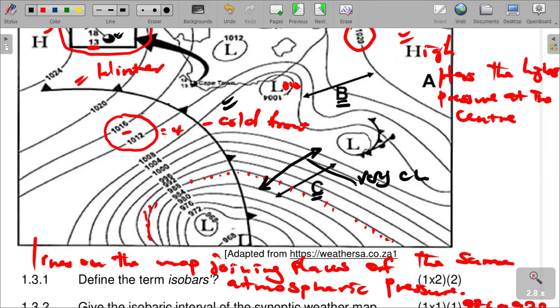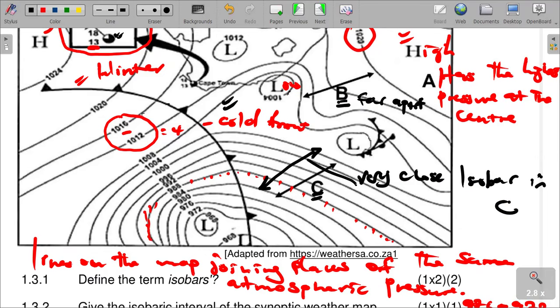Close isobars in C, but in B you see that they are far apart.